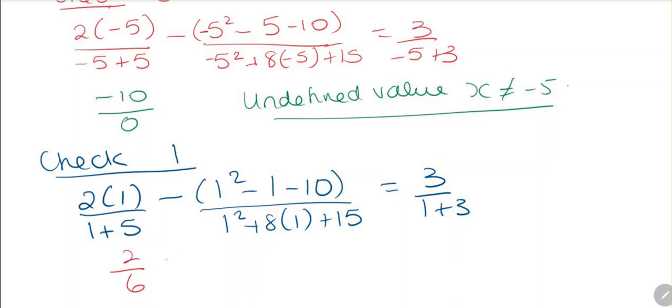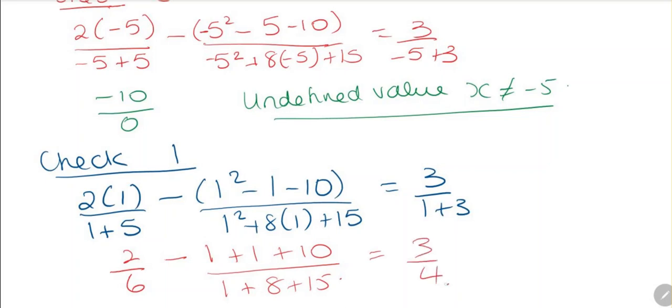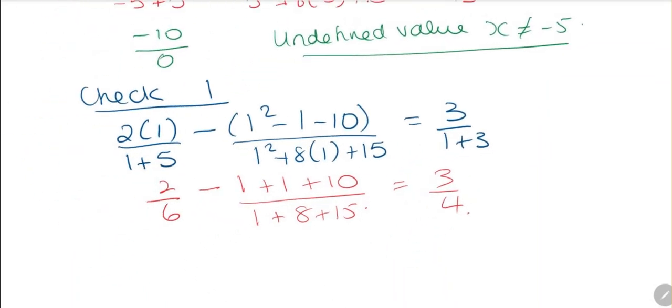And this is minus. So 1 squared is just 1. So that becomes minus 1 plus 1 plus 10. And this is over 1 plus 8 plus 15. And this is 3 over 4. So let's see.